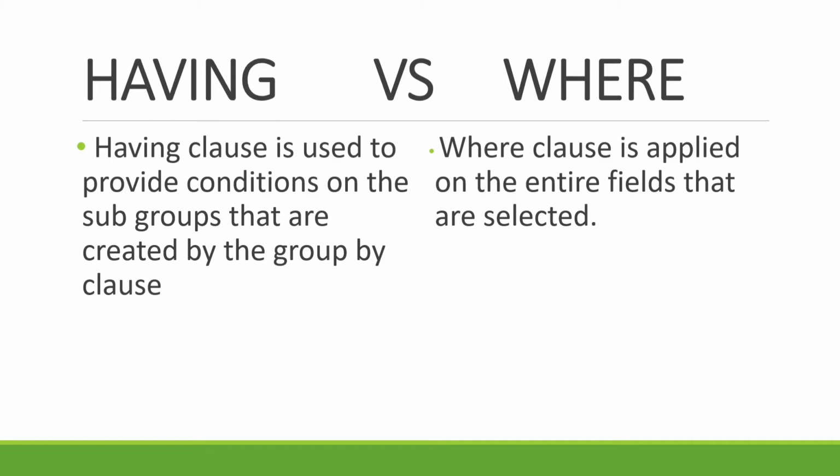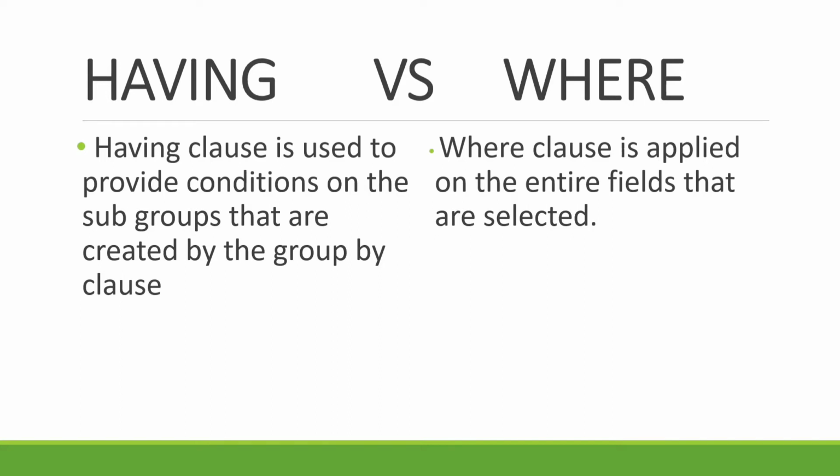But the WHERE clause applies conditions on the entire row or the entire column on which we are selecting. So there is no use of GROUP BY if we use the WHERE clause, because WHERE will not see groups, it will just apply the condition on the whole column. Whereas the HAVING clause will take into account the several groups that are created using the GROUP BY command, and then it will apply those conditions.